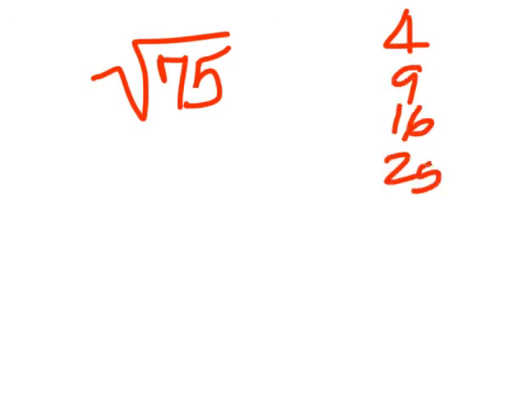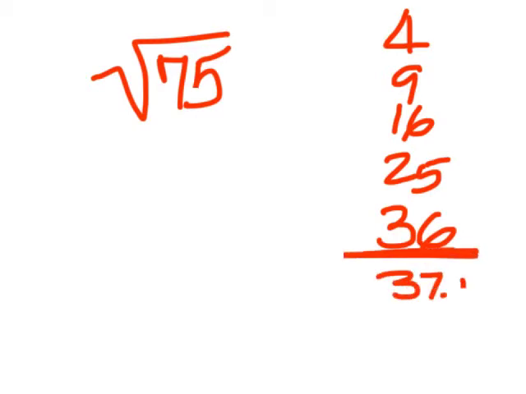Here's an example. Square root of 75. Now half of 75 on your calculator would come out to be about 37.5. So you need 4, 9, 16, 25, 36, but you can't go to 49 because half of 75 was 37.5. So we want all the perfect squares below that.